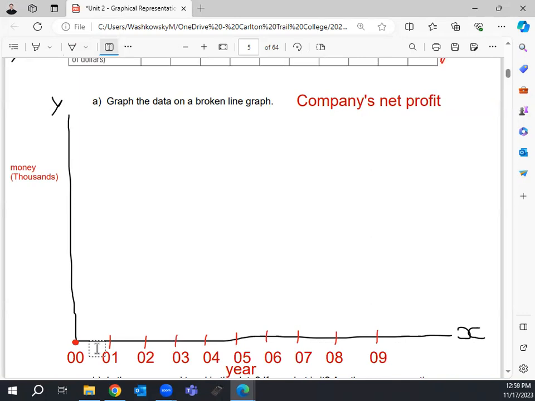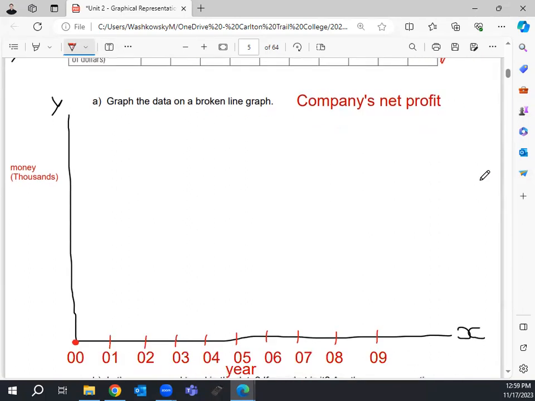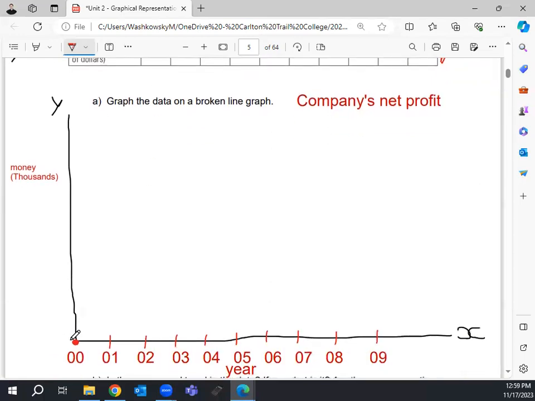Now, what do you think my next step's probably going to be? Do the same thing. Do the same thing for the money side. Absolutely correct. So what do I need? So what's the biggest number I need to go up to on the money side? 65. I need to go up to at least 65. Which means I'm probably going to start at 0 down here.